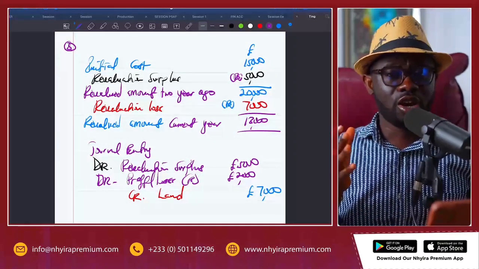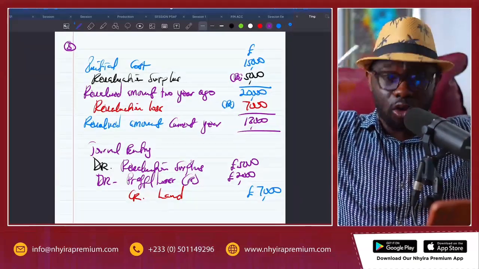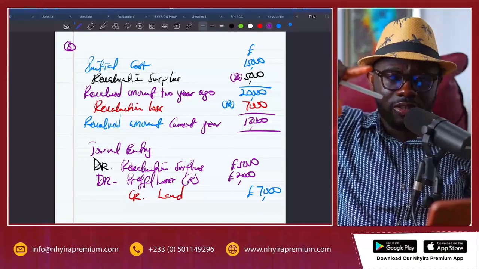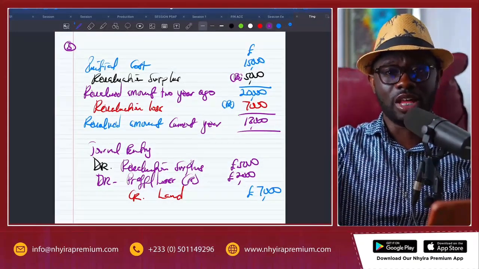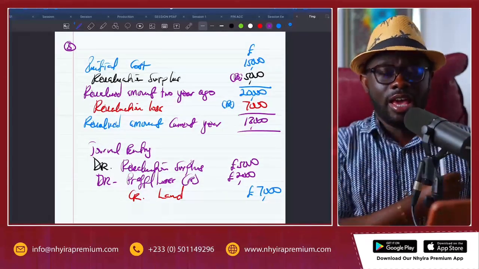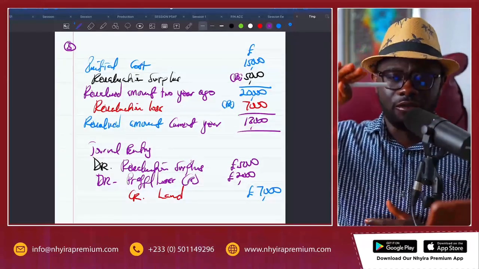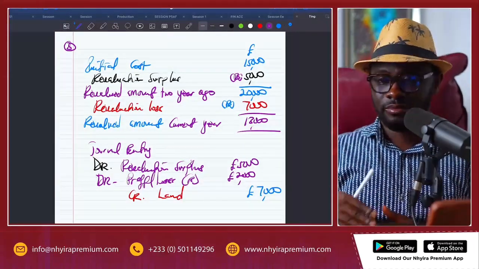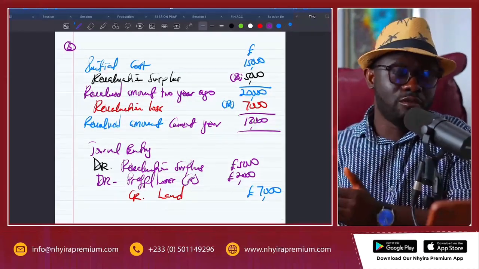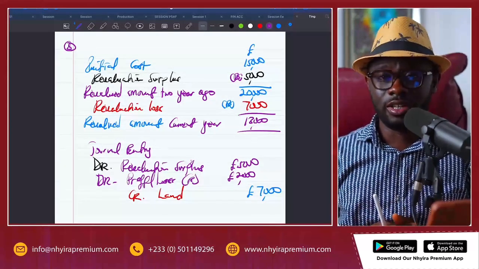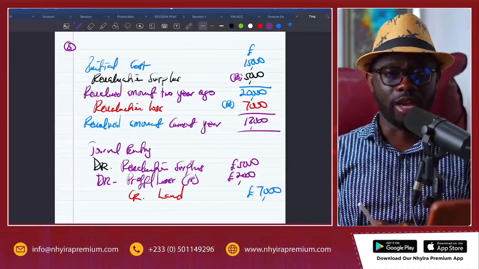To compensate shareholders for that excess depreciation, we move the amount from the revaluation surplus account into retained earnings. The journal entry for that is to debit the revaluation surplus account and credit retained earnings, which means that in subsequent periods, the revaluation surplus account will be reducing. So it doesn't really change our double entry. It just tells us the amount of money that is available in the revaluation surplus account in subsequent years as we try to work this out.